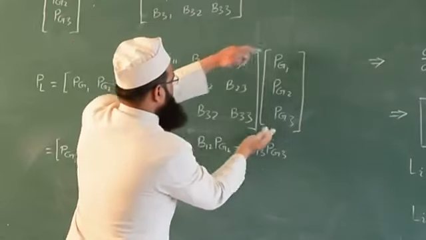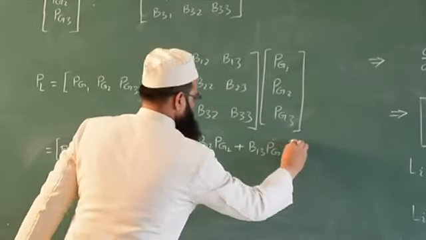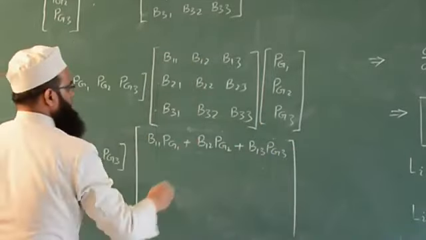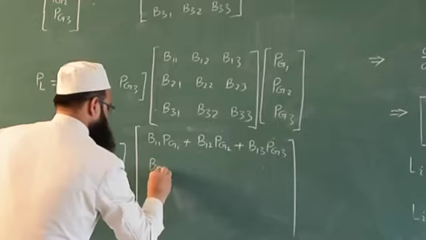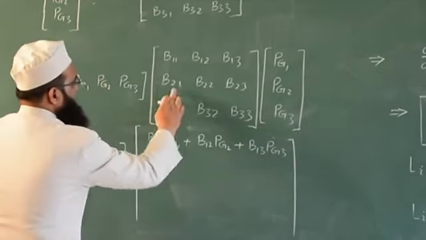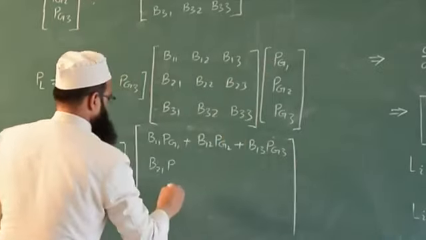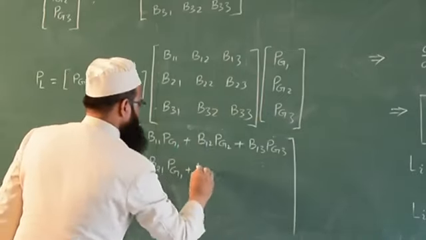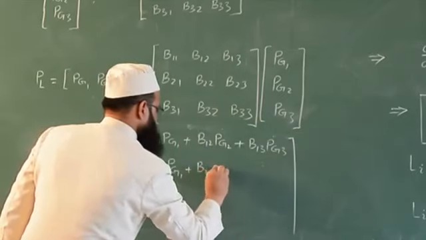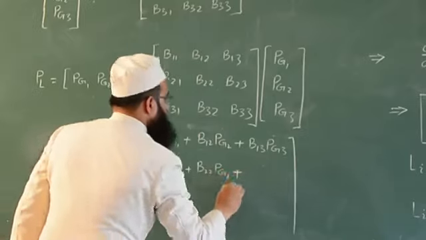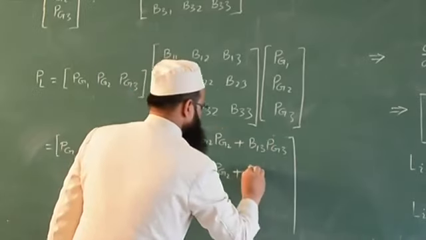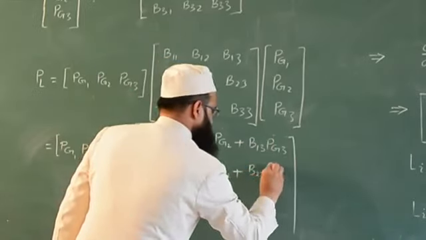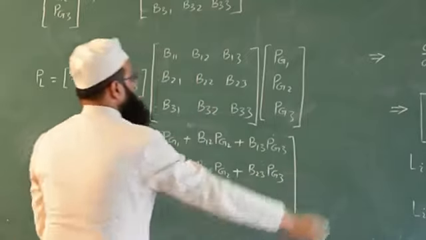Next, multiply this and put here B21 PG1, B22 PG2, B23 PG3.